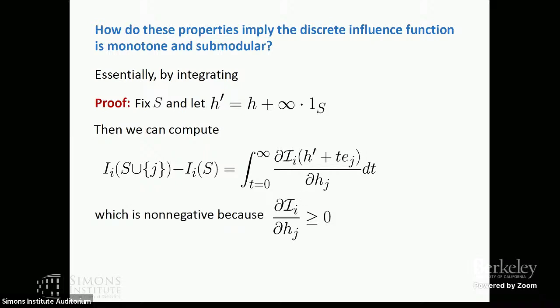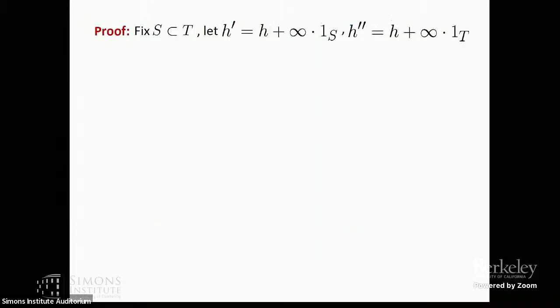In that case, we're in good shape because we know from this Griffiths inequality that all of the terms inside the integral are non-negative. So in particular, it implies that the difference between these two discrete influence functions is also non-negative. And that gives us the monotonicity property, right? That pinning more nodes only positively affects the bias of any other node, at least if you're in the ferromagnetic setting.